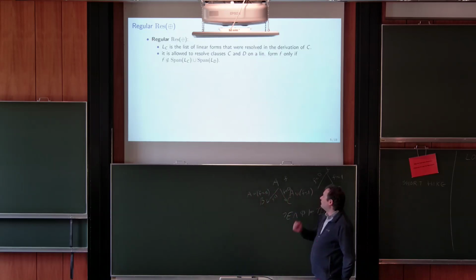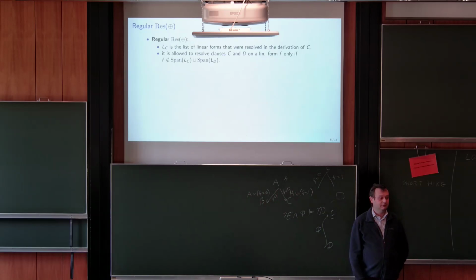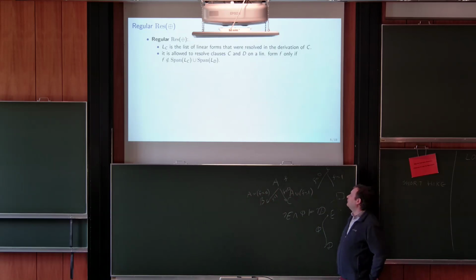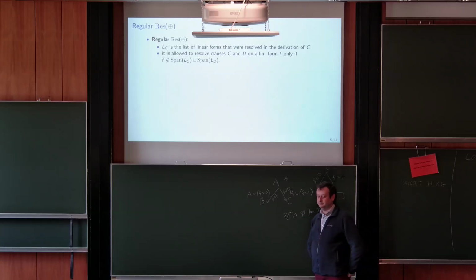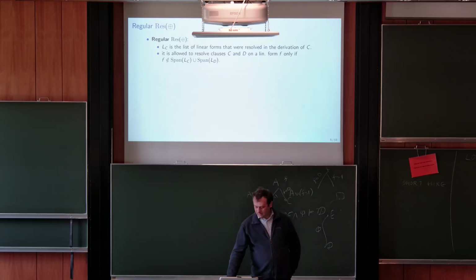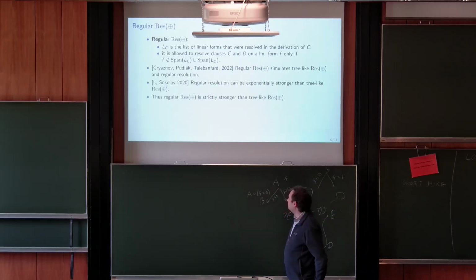Now we store the list of linear forms, and we say that it is allowed to resolve clauses C and D on the form F if F doesn't belong to the union of the linear spans of the lists LC and LD.